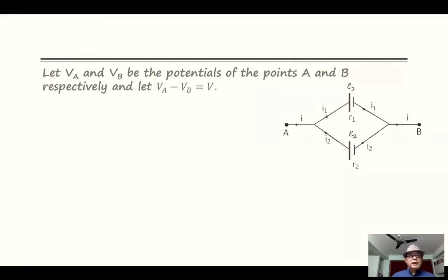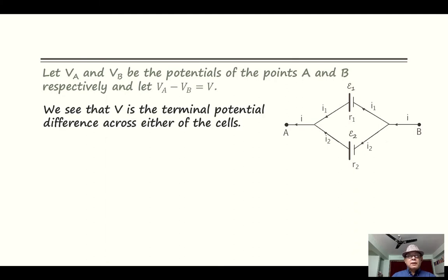Let VA and VB be the potentials of the points A and B respectively, and let VA minus VB equal V. Let us refer to the adjoining figure. We see that V is the terminal potential difference across either of the cells.